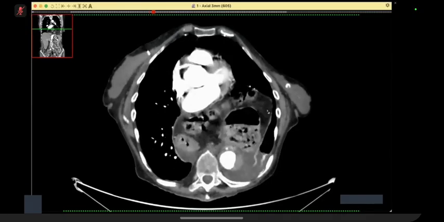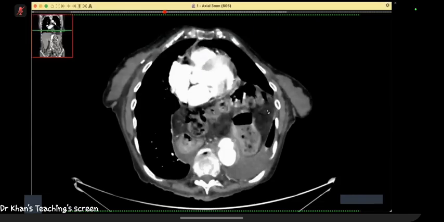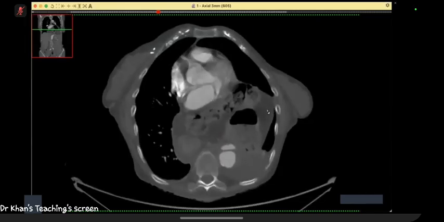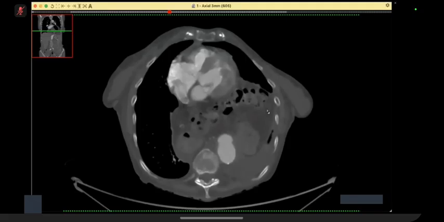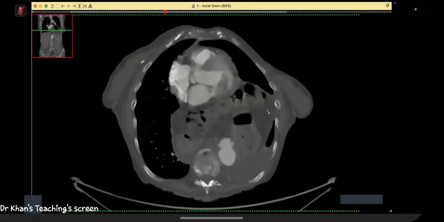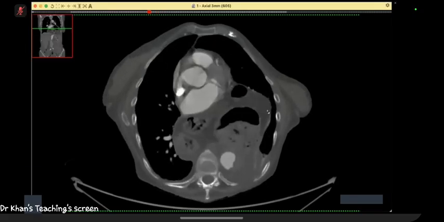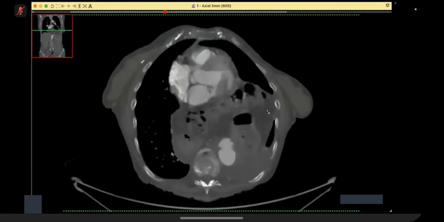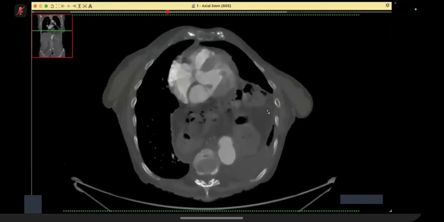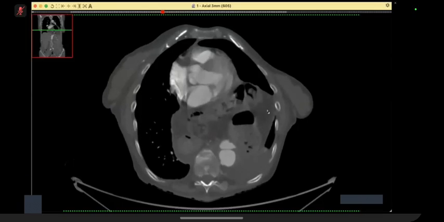If you can scroll up and down for me at this point, yes, this section. This seems to be a flap, along with some penetrating ulcers and intramural hematomas.